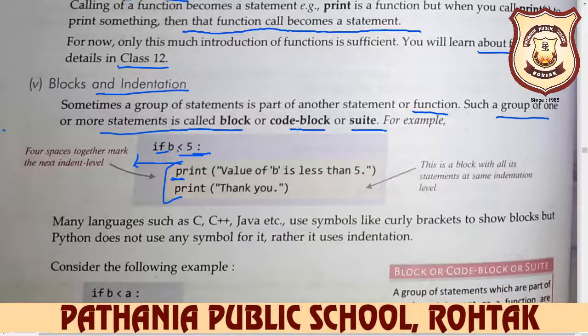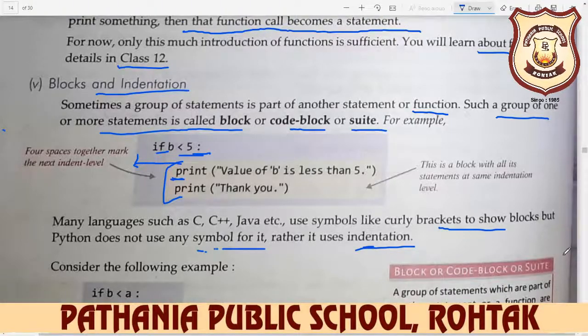Many languages such as C, C++, Java, etc. use symbols like curly braces to show a block, but Python does not use any symbol for it. Rather, it uses indentation. Blocks are present in C and C++, but indentation is not present in C and C++. Indentation is only present in Python.